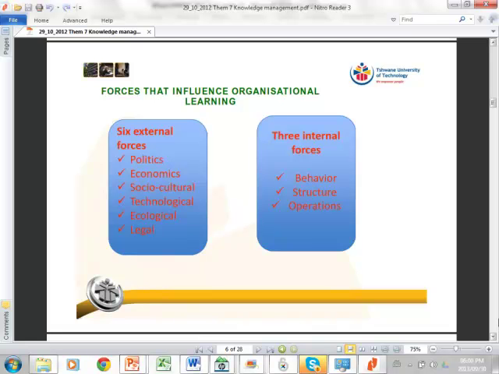Why in the strong matrix? Because we get knowledge sharing between different functions. Okay, all right. So in the strong matrix, firstly, you have a dedicated project manager who manages all the resources across the different functions, and who then has the responsibility of capturing the knowledge, etc.